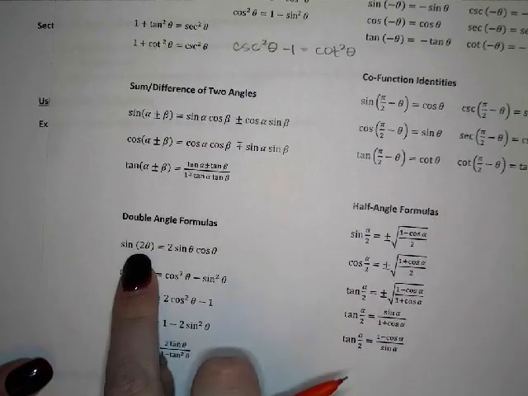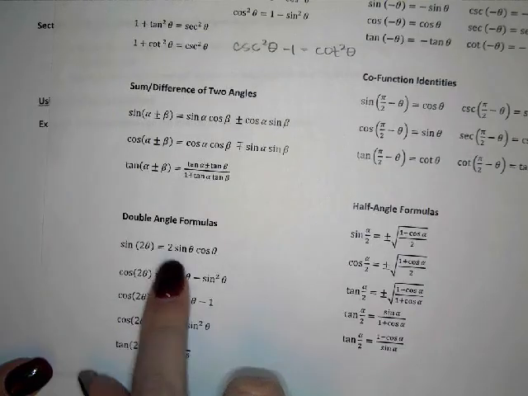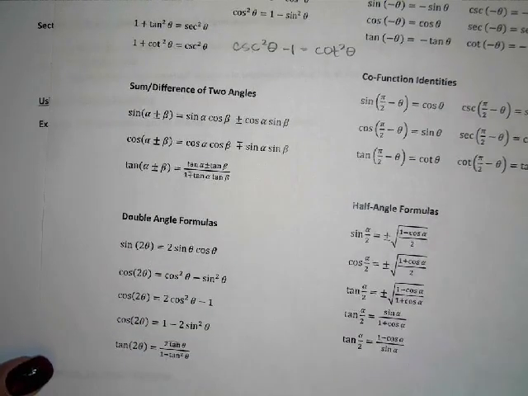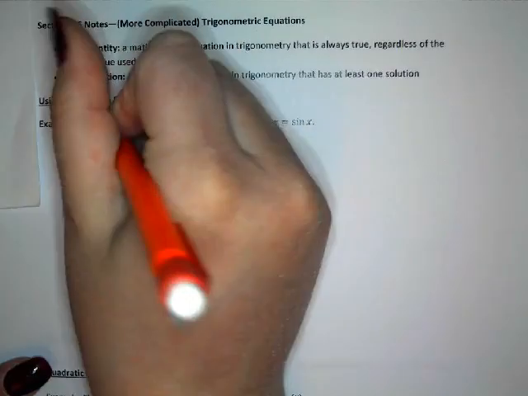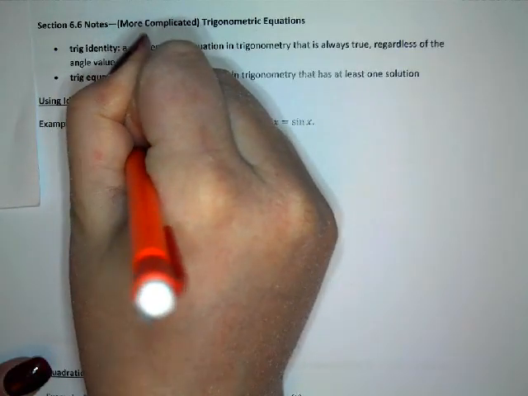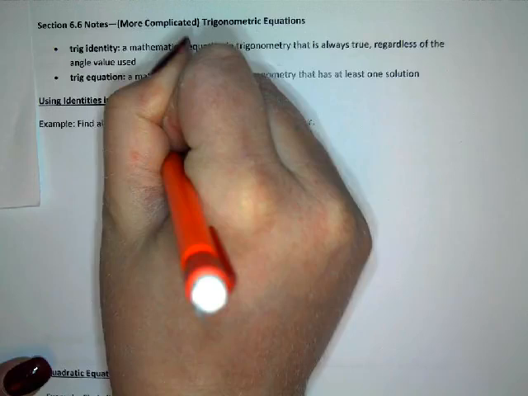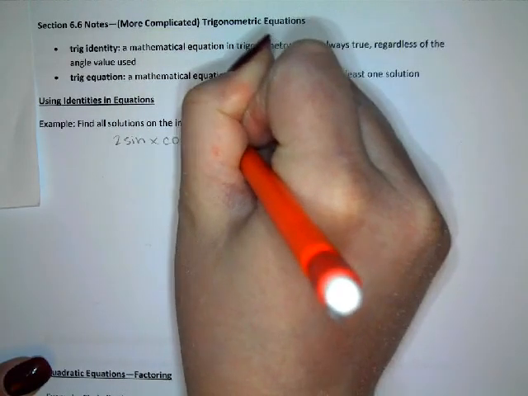So I can see that sine of 2 theta is 2 sine theta cos theta, and so I'm going to make that substitution. So I have 2 sine x cos x for the left side, and then the right side is sine x.